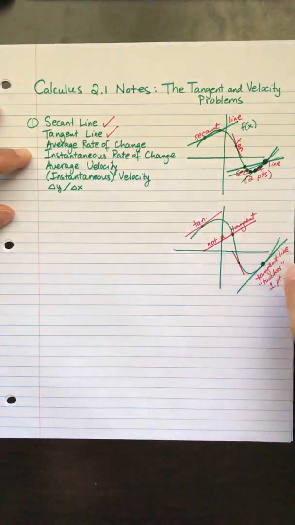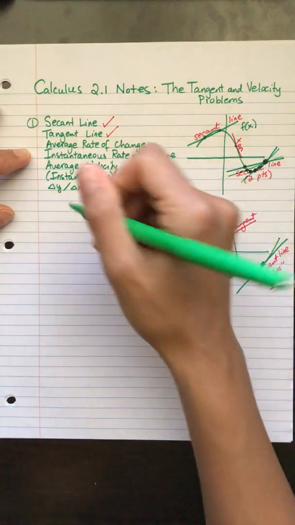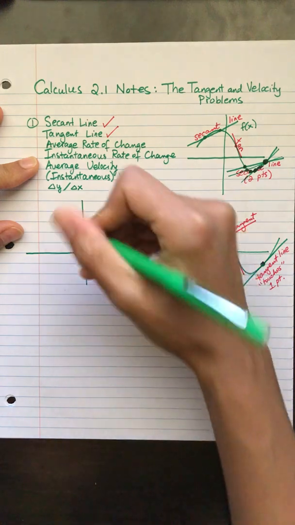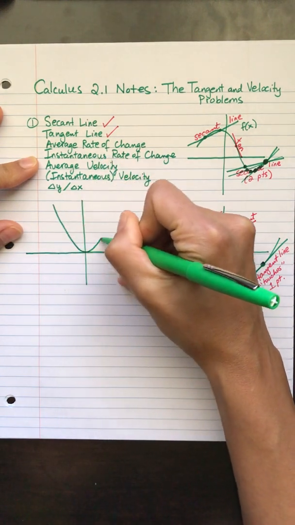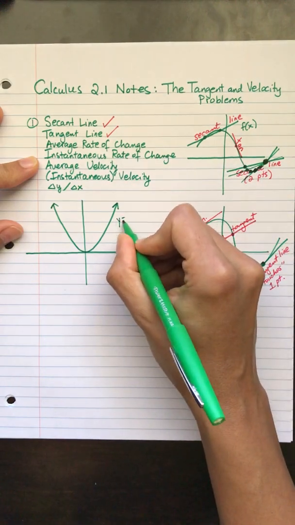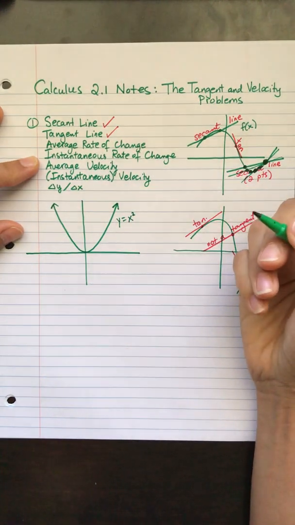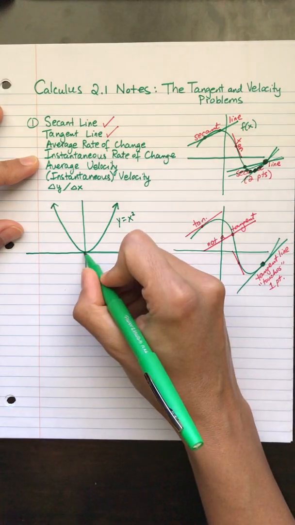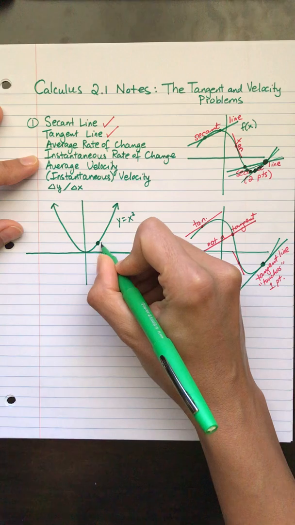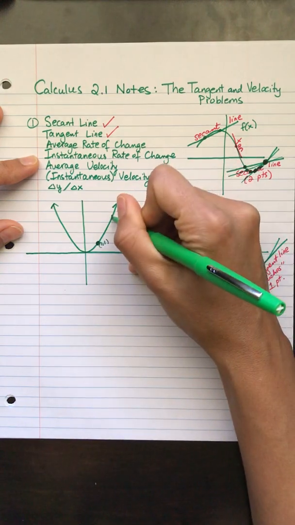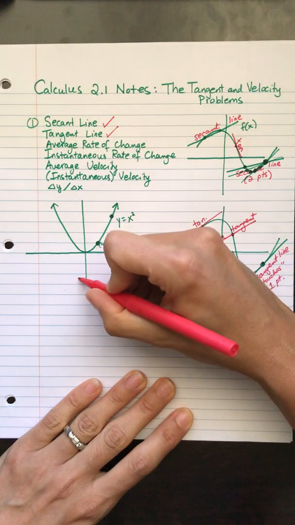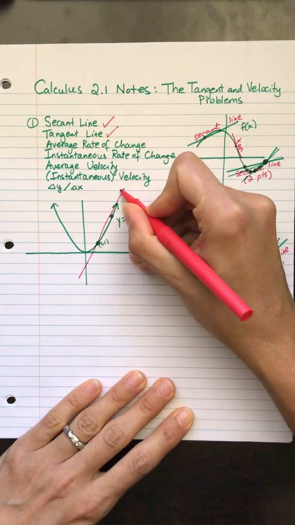Let's talk about the average rate of change. Let me draw another sketch. So let's draw a parabola. Okay, regular old y equals x squared parabola. And suppose I take the point 1, 1, and some other point, it doesn't matter. If I connect those points, I have what?